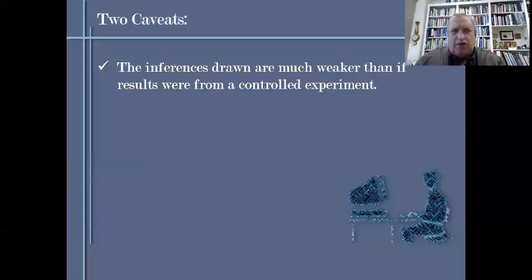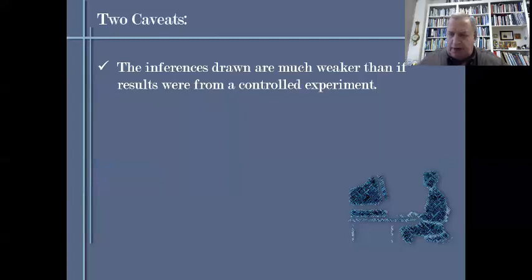And from that, we're saying we believe that these are the variables that are impacting the variable that we're looking at. If we could set up an experiment where we could test how one variable causes a change in another variable, our results would be much stronger and our inferences would have much more strength to them. But path analysis is a good place to start in theoretical building to give us an idea of where to do some experiments.